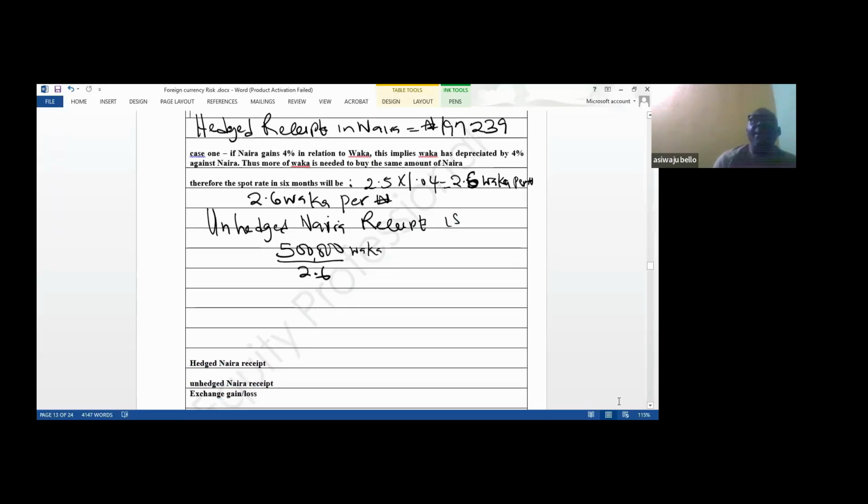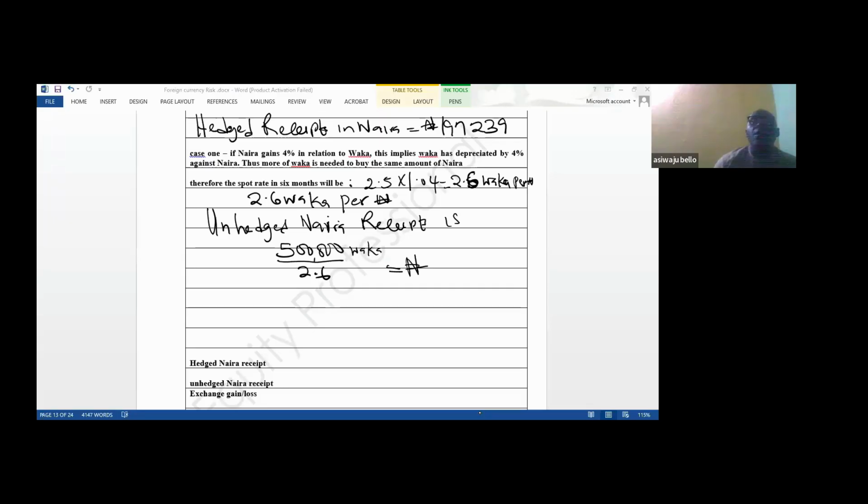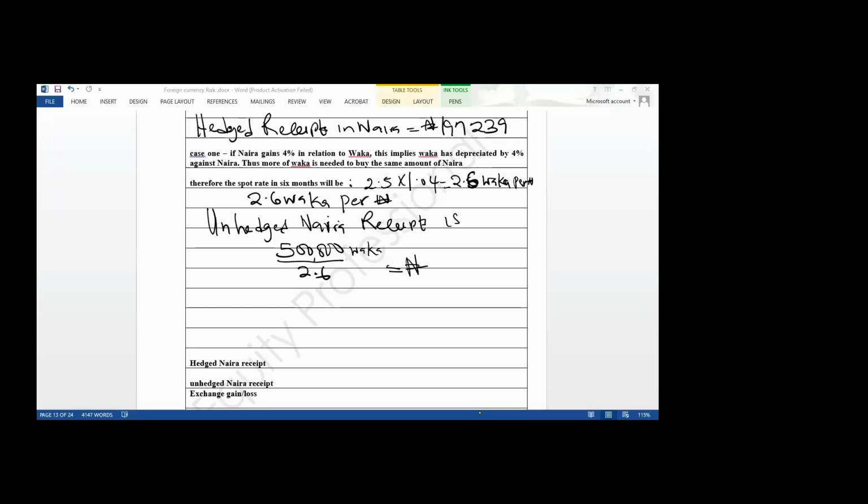What is the Naira amount? 500,000 divided by 2.6 is 192,308.